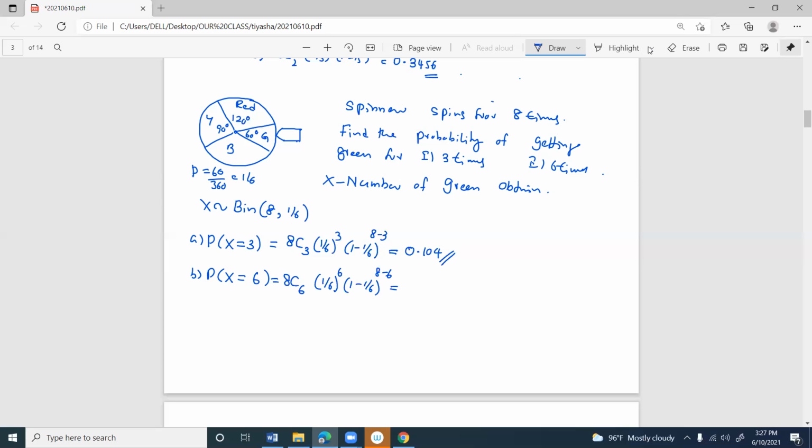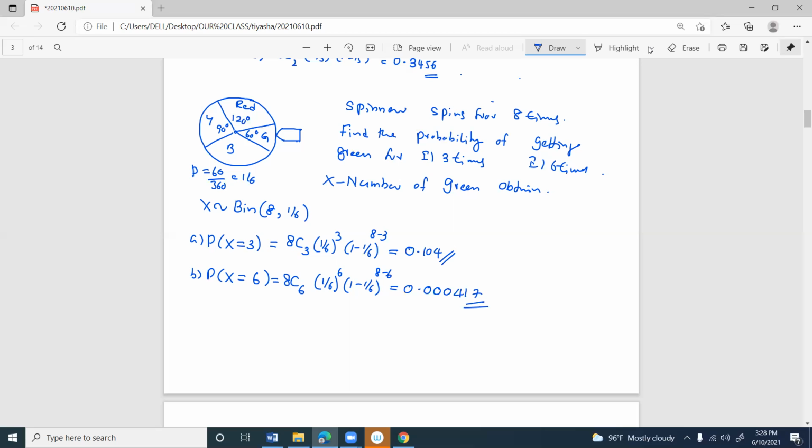Then 8C6 times (1/6) to the power 6 times (5/6) to the power 2. It turns out to be 0.0000417 as the answer for that. That's the way of getting this answer.